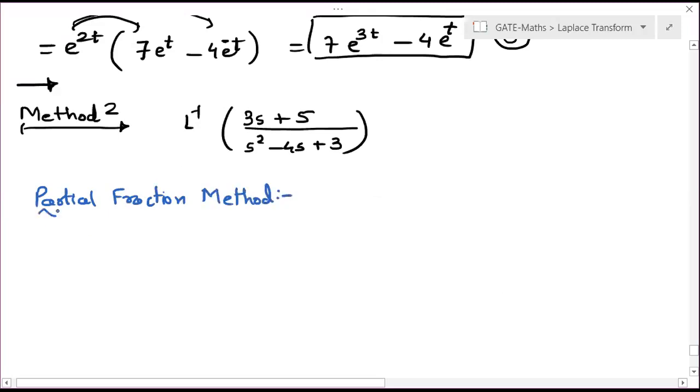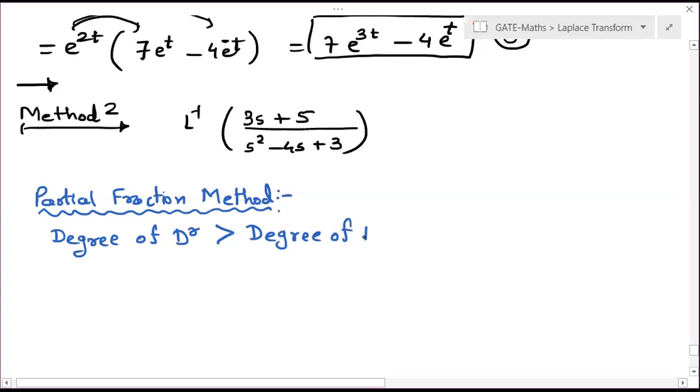Now when should you use this method? First condition, there should be polynomial in both numerator and denominator. Okay, and degree of denominator should be greater than degree of numerator, right?